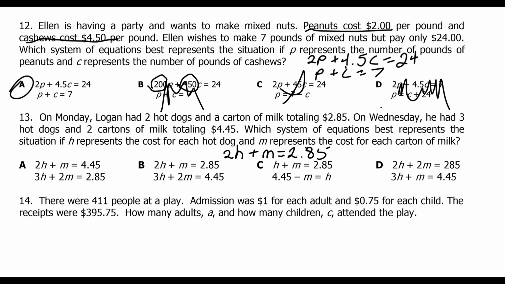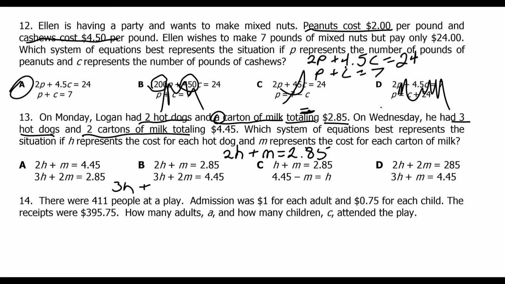On Wednesday, he had 3 hot dogs, so that's 3H, and 2 cartons of milk, so plus 2M, and that is 445.